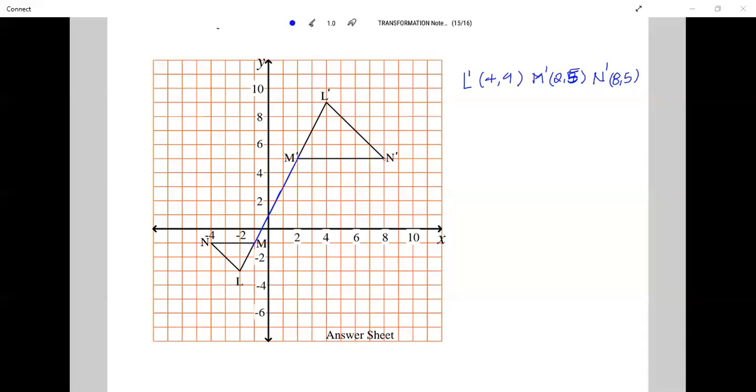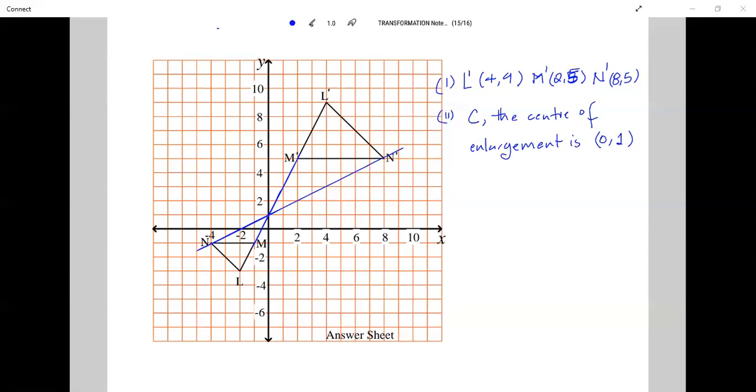Where the two straight lines meet is the center of enlargement. So this is the answer for part one: C, the center of enlargement, is 0, 1. That's 0 on the x, 1 on the y.